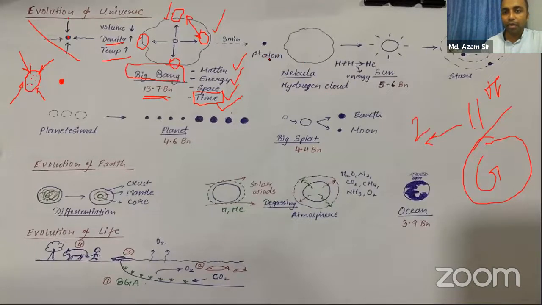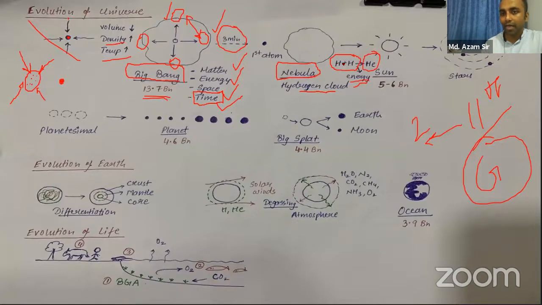After that, what happened? The first atom was created just 3 minutes after this Big Bang explosion, and in the subsequent phase, the hydrogen gas clouds started forming. This hydrogen gas cloud is called the nebula, and in this nebula, two hydrogen atoms started fusing together to form a helium atom, and in the process, a huge amount of energy was being released.